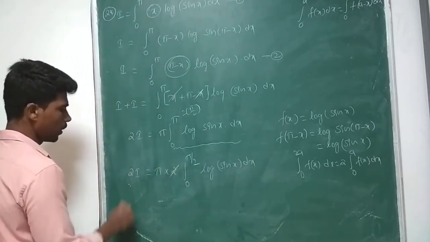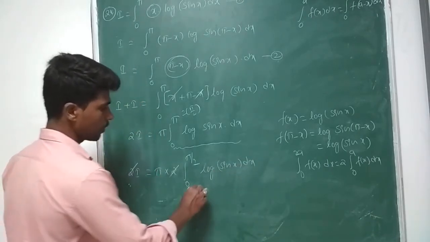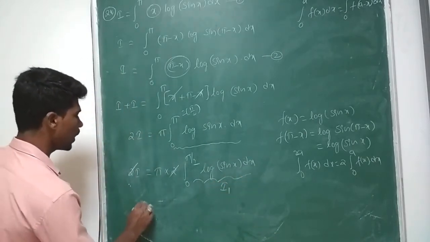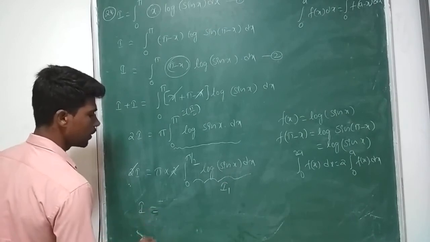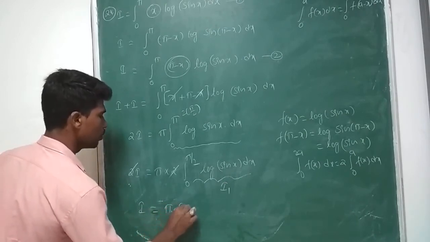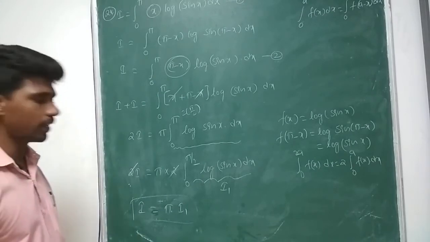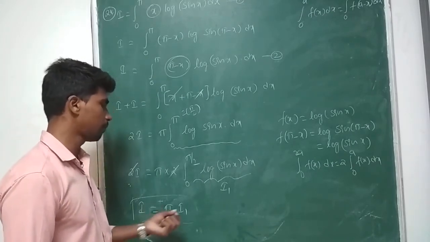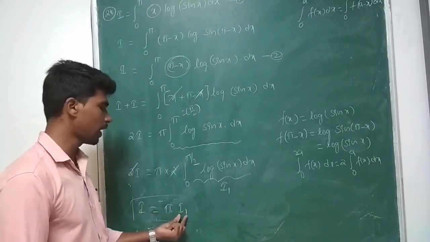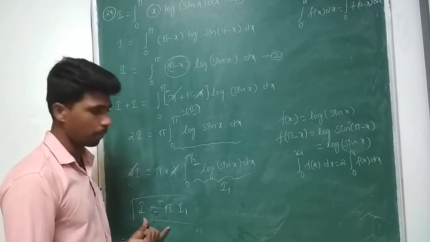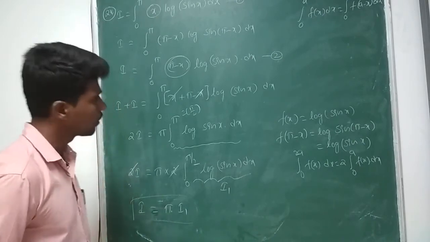So the 2 and 2 get cancelled. If I consider this one as I1, the value of I will be equal to pi into I1. So now I have to evaluate I1 first, and after evaluating I1, I should substitute it in this.